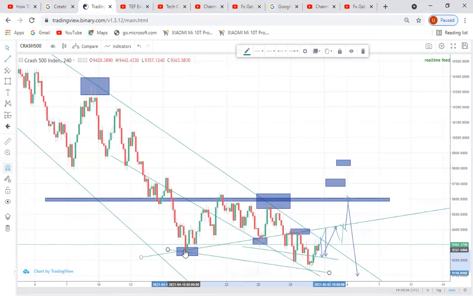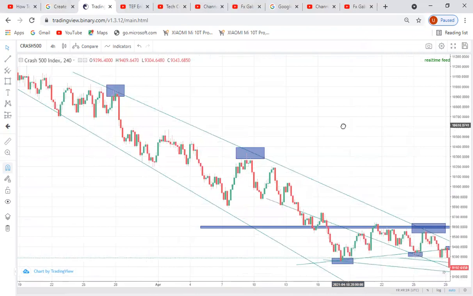I have to link this support to see when I saw a candle trying to give me a bullish move. I will have to link what I have here and place it there, see if the market is rather going to be going up from here or going to be going down. If it doesn't break it, we now take a buy. So that is how we do the analysis.